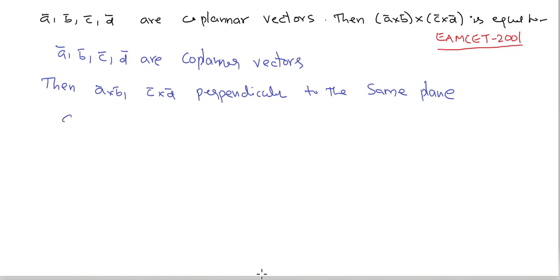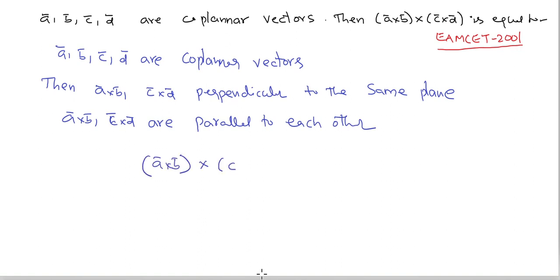That means A bar cross B bar, C bar cross D bar are parallel to each other. Means A bar cross B bar cross C bar cross D bar, this value is equal to 0.